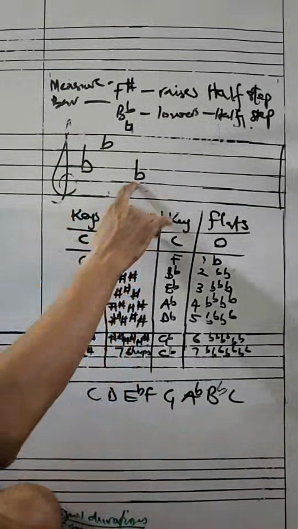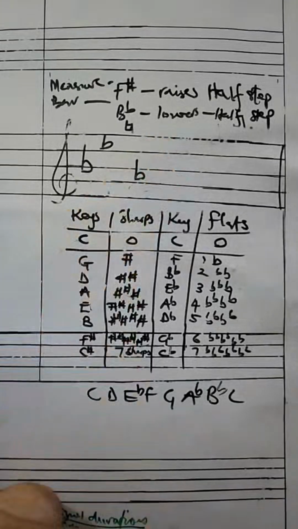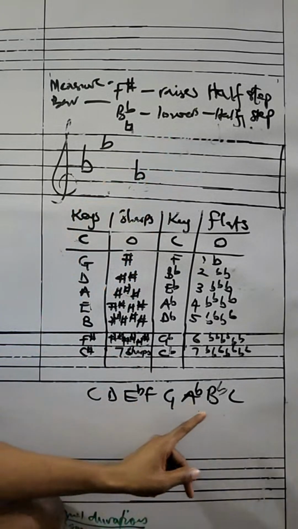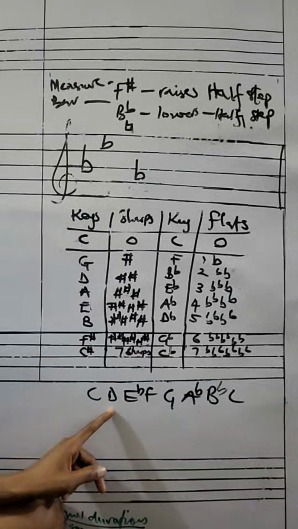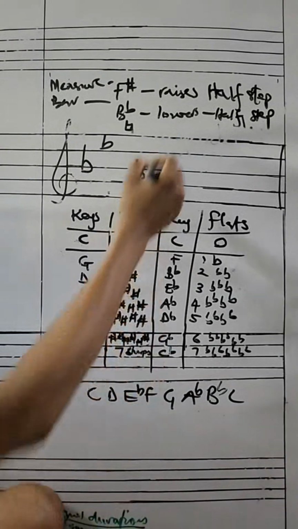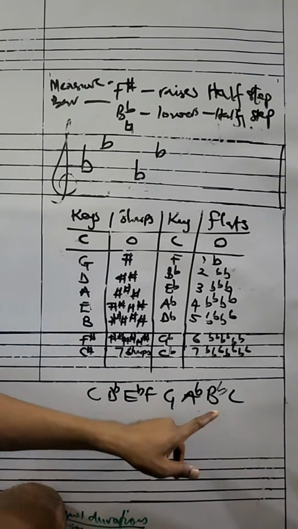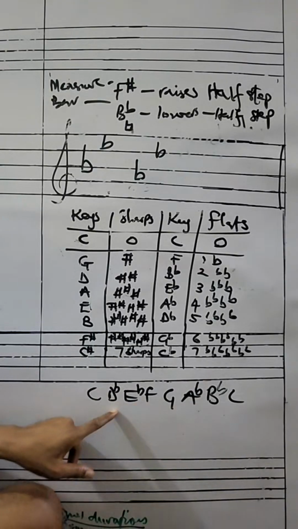So I'll look for the next 4. I'll just count 4 and flatten the 4th note. From A, 1, 2, 3, 4. So my D. D is the note that is flattened. So in the key of A flat, you have B flat, E flat, A flat, and D flat.